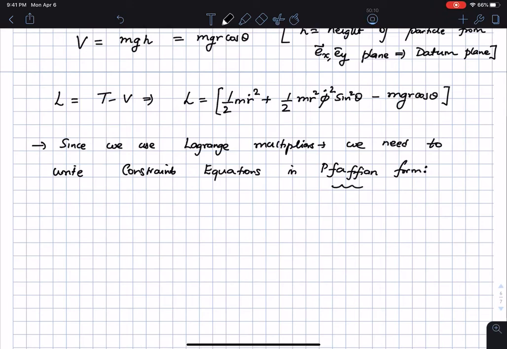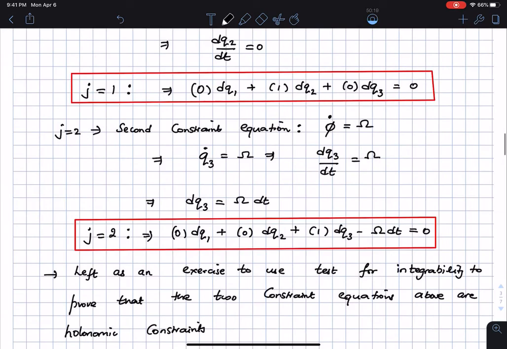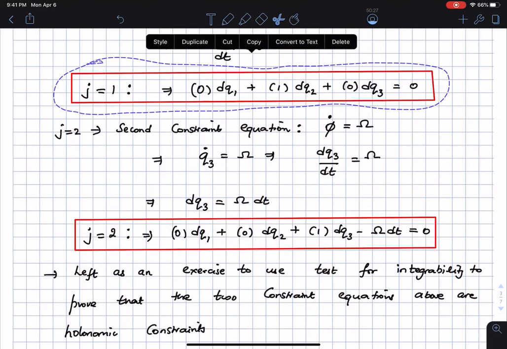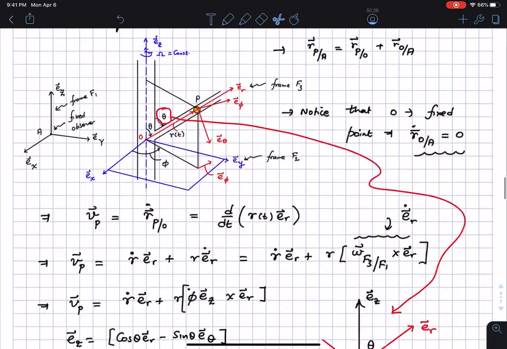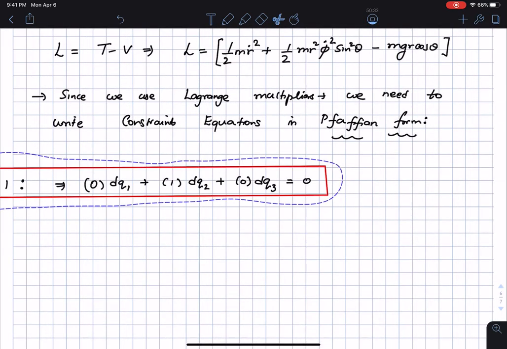We have the constraint equations already written in the Pfaffian form, so I'm just going to bring them down here, but instead of writing them in terms of q1, q2 and q3, I'll just rewrite them in terms of r, theta and phi. I'm going to copy that and bring that here. So this is the first constraint equation.